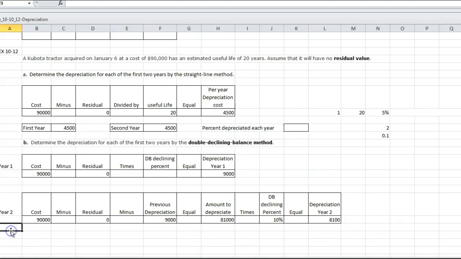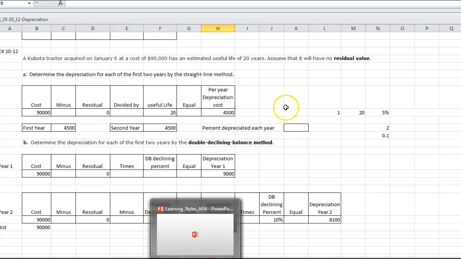Now if we wanted to do the third year, it gets a little more interesting. We still have this 90,000, but now we're going to subtract all of the previous depreciation. We've got 2 years of previous depreciation. So now I have 9,000 plus 8,100, which means I have 17,100 to deduct.